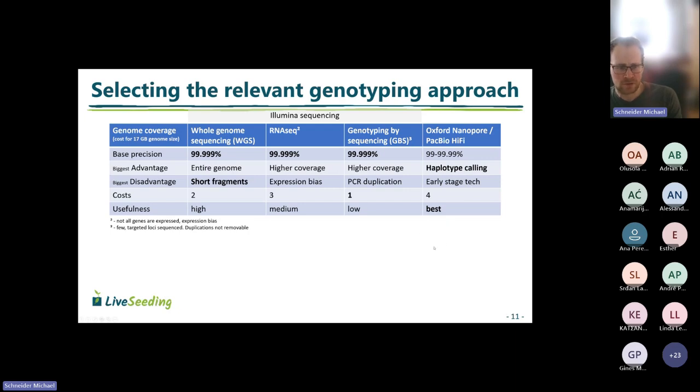What we have to keep in mind is that we want to save costs, and cost saving in terms of genotyping and sequencing usually means that we trim down on the coverage per base.